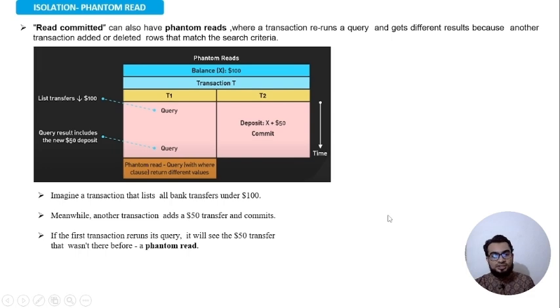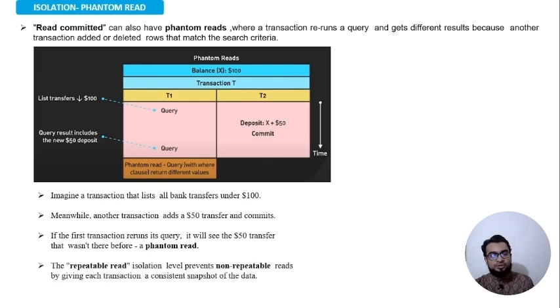If the first transaction reruns its query, it will see the $50 transfer that was not there before. It is a phantom read. I think we all understand. Initially, the transfer amount is $100, but another transaction added $50 and committed. So when the first transaction reruns its query, it will see the $50 transfer that was not there before. It was a phantom read.